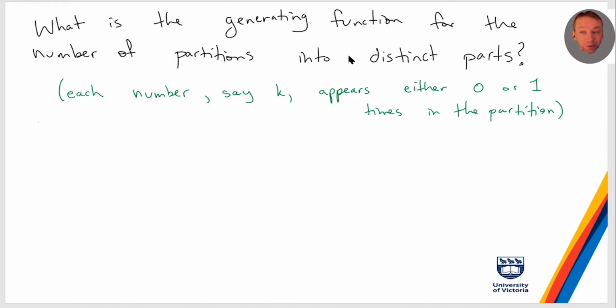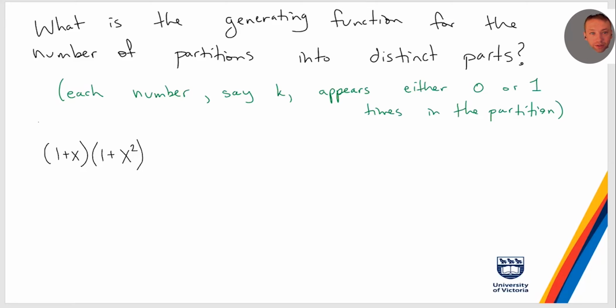It can't have 2, because if there's 2 of them, the parts aren't distinct. So that gives us a factor corresponding to the number 1, which is 1 plus x, because remember the exponent of x corresponds to the number of ones you have. You either have 0 twos, or you have 1 two, which gives you, for the second factor, 1 plus x squared, right?